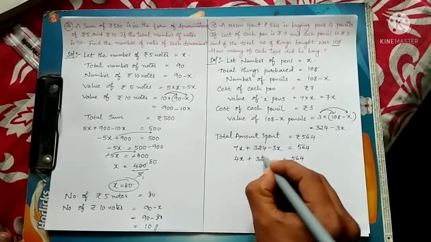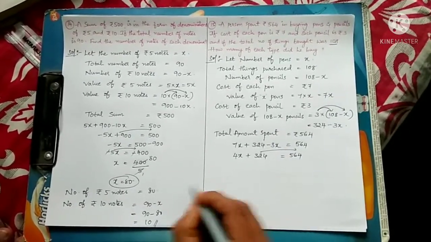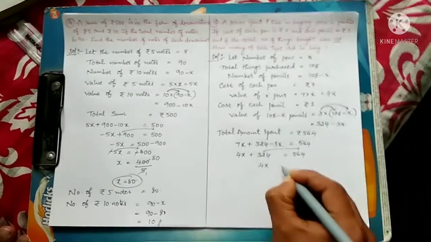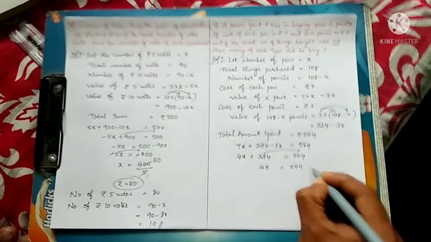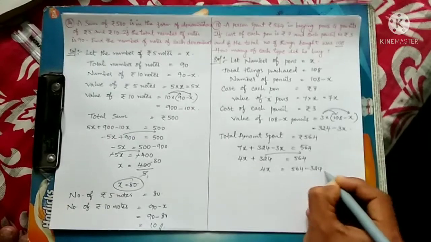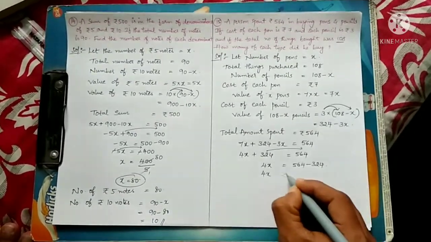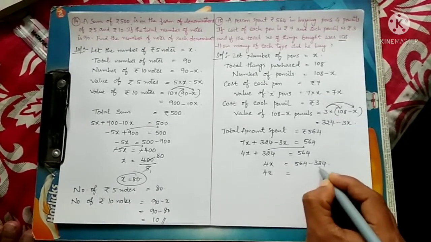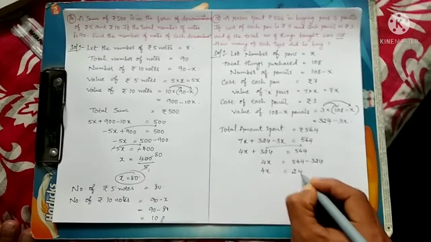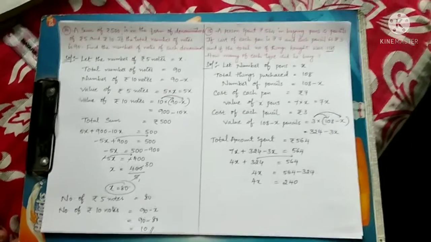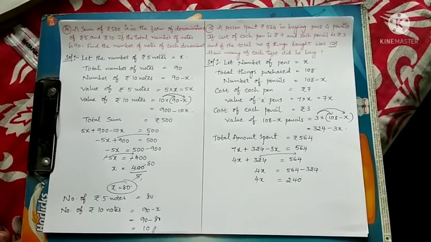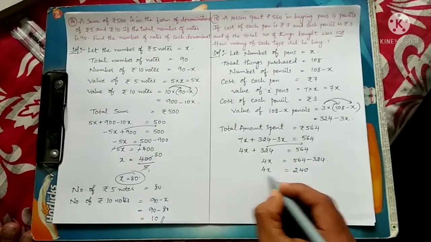Now we can transpose this plus 324 to the RHS. It becomes 4x is equal to 564 minus 324. 564 minus 324 is how much? If we subtract these two, we get 240. Now 4 into x.